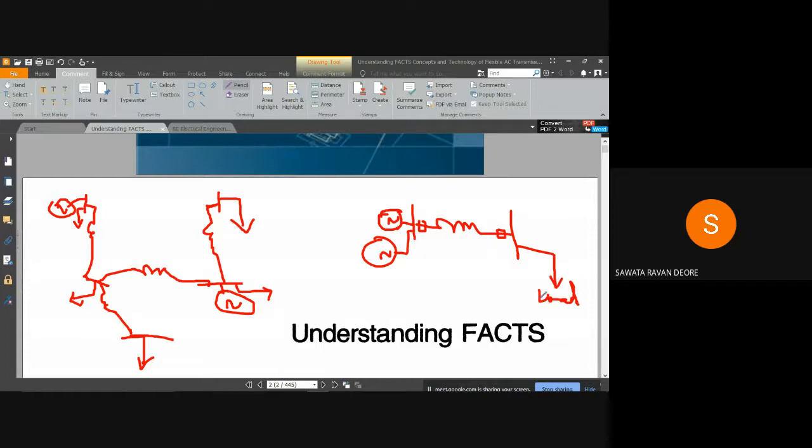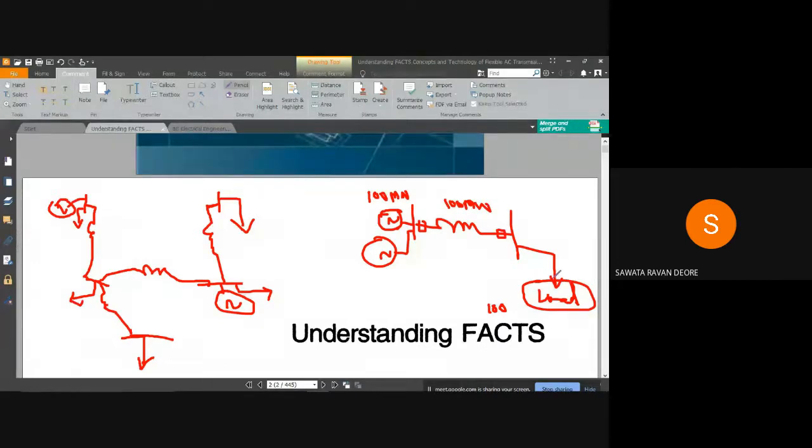Earlier, whatever was the load, suppose the load was of 100 megawatt peak capacity. According to that, generator one was of 100 megawatt rating, and the transmission line power handling capacity is also 100 megawatt.